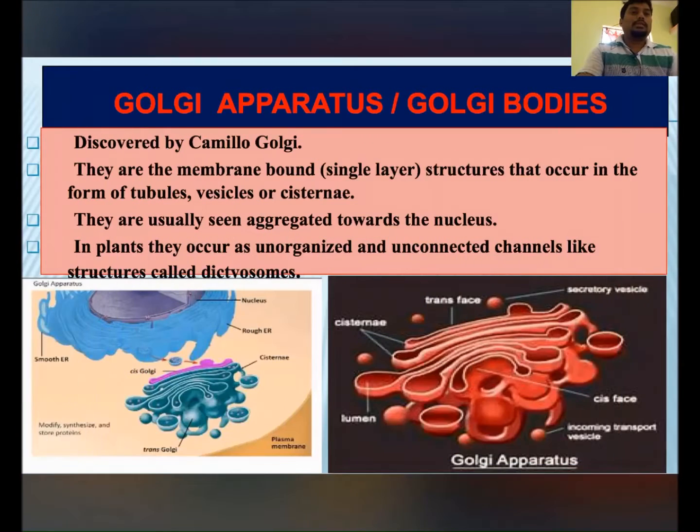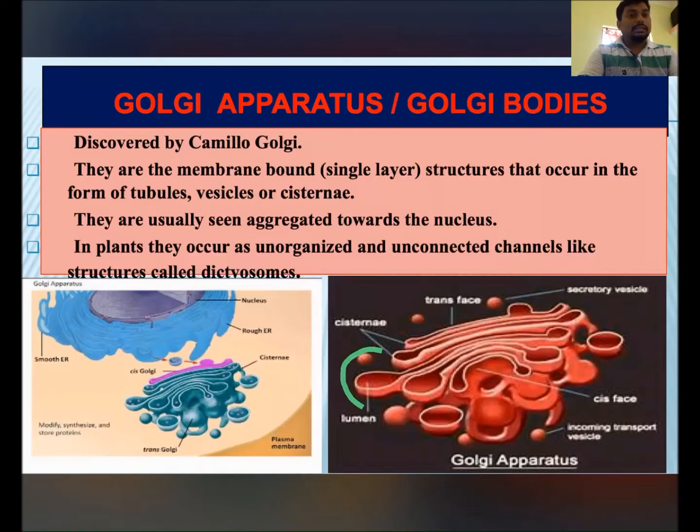Another important cell organelle in the cytoplasm is Golgi apparatus or Golgi body. This is also membrane bound, so it is cell organelle, and this was discovered by Camillo Golgi, so named Golgi apparatus or Golgi bodies. These are membrane bound or single layered membrane bound structure that occurs in the form of tubules, vesicles and cisternae.